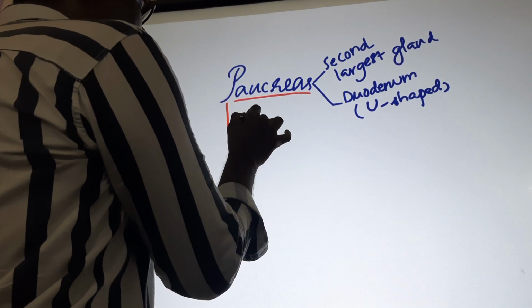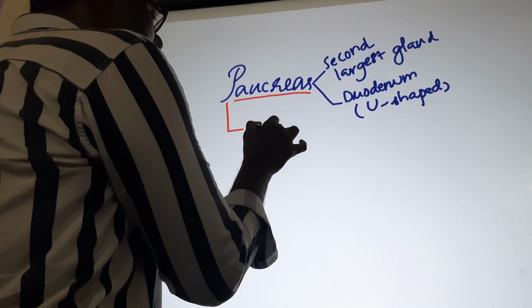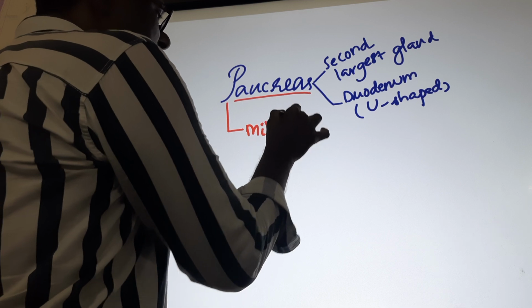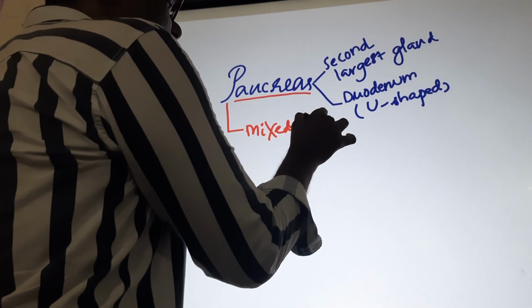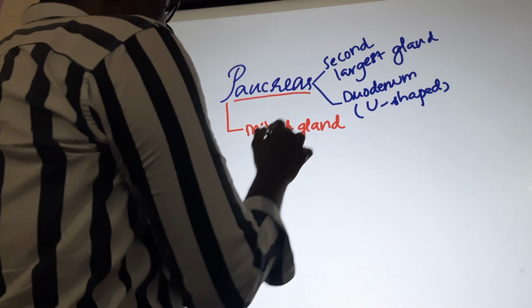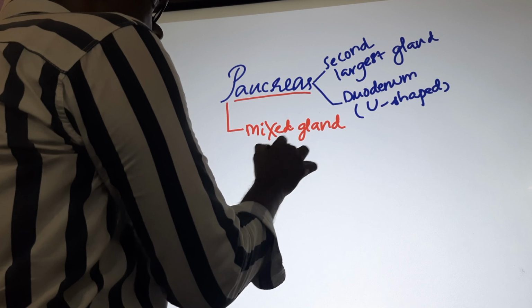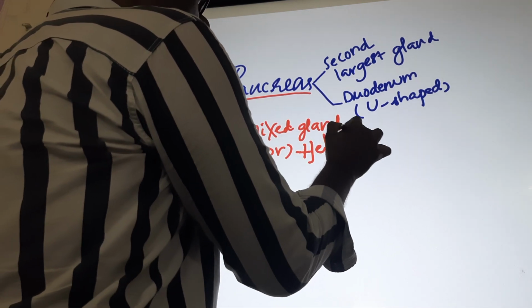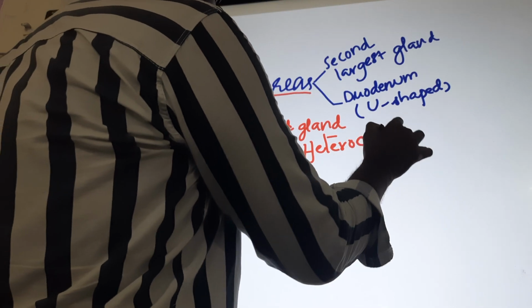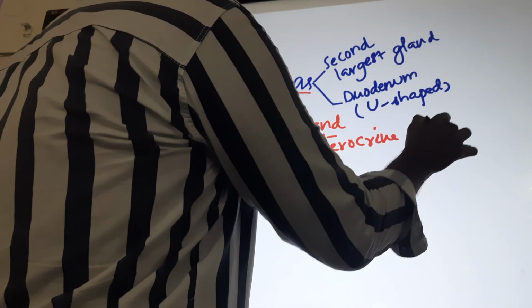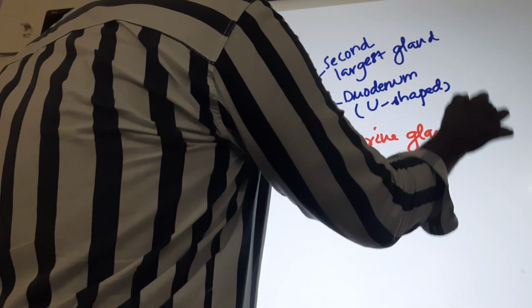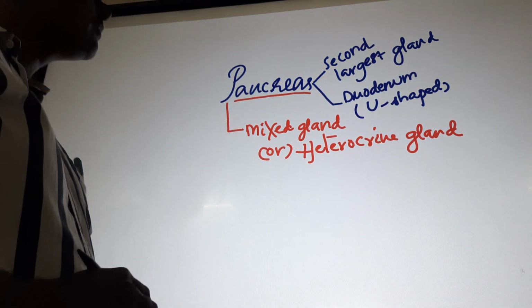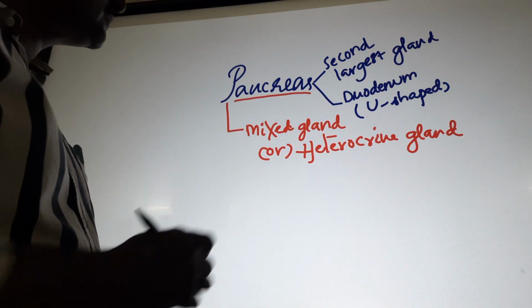This one is also known as mixed gland or heterocrine gland. Right? Pancreas is a mixed gland.